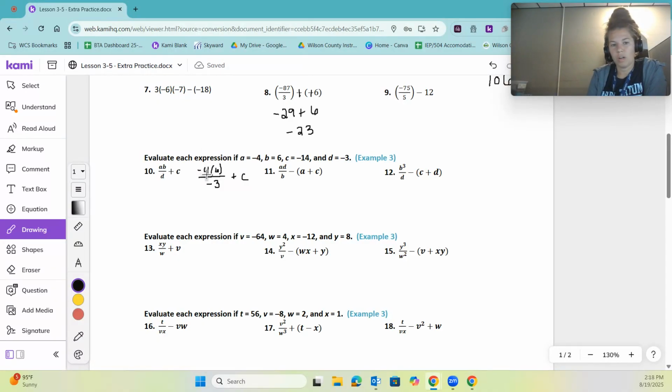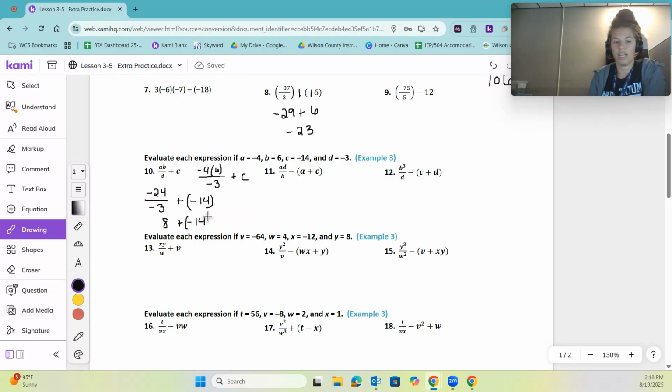Okay, so -4 times 6 is going to be -24 divided by -3 plus C, which is -14. Go ahead and plug that in. All right, and then -24 divided by -3 is going to be +8 plus -14.